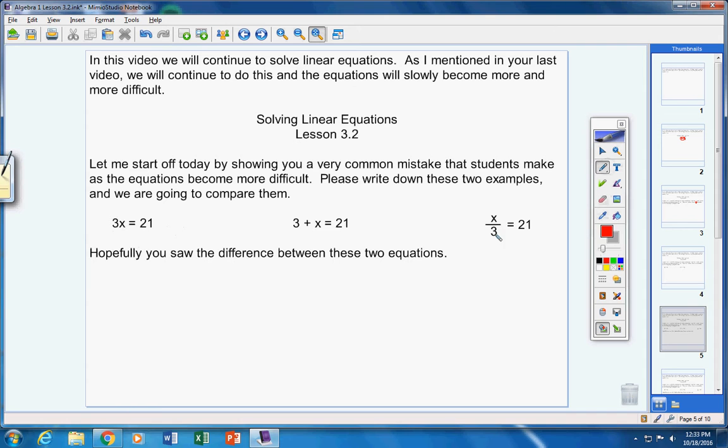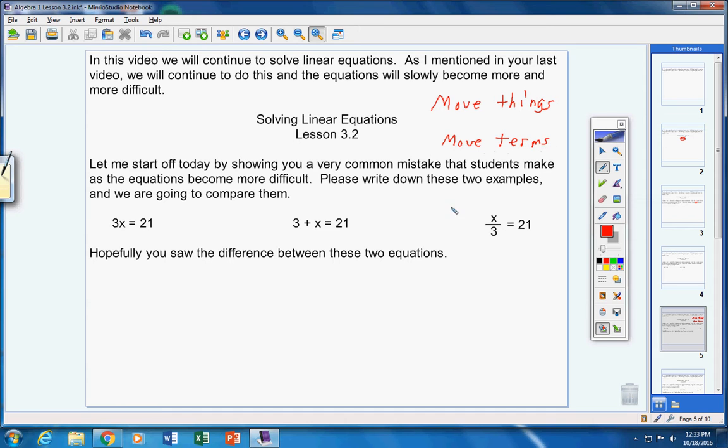But you cannot move part of a term. Look at this. You cannot move the 3 and bring it over. You have to move the whole term. You have to bring this entire positive fraction over and make it a negative fraction, which is not going to help you, so we're not going to do that. But my point is this: when you move things in an equation, you must move whole terms.